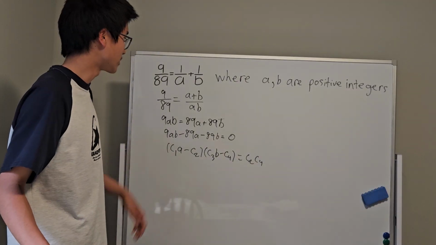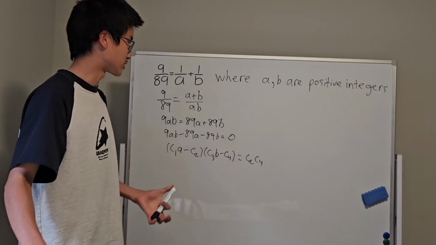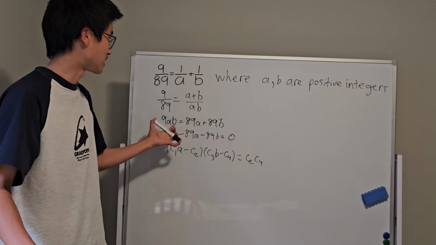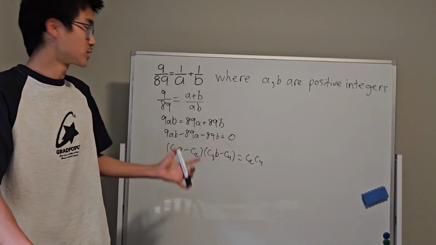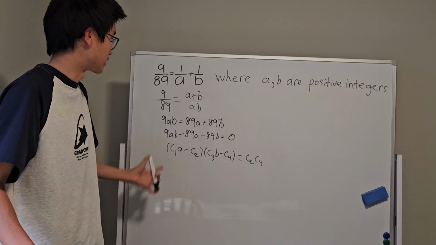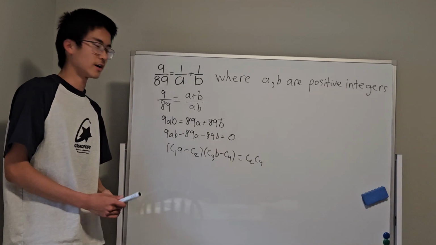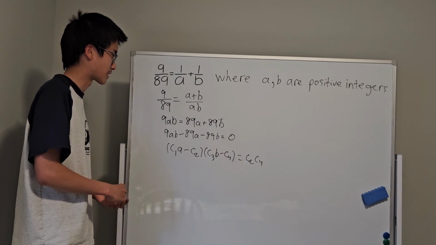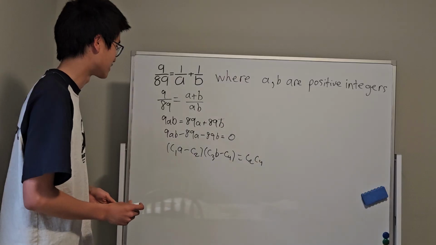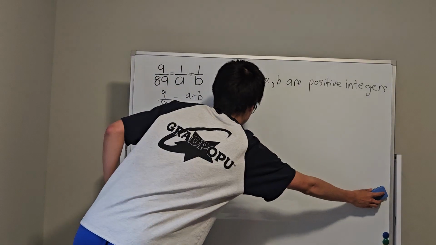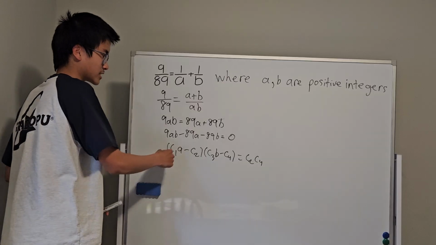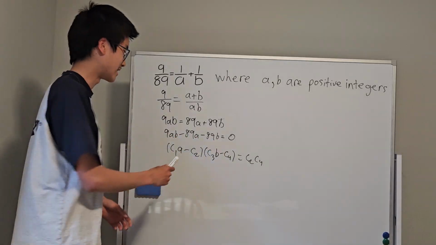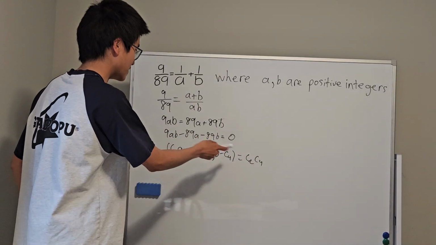Basically, what we do here is add a certain constant to both sides of this equation, and by adding this constant, this will allow us to factor it into this form. Now the first thing to know here is that 89 is prime, and also c1 times c3, if we expand this out, we get c1 c3 ab.